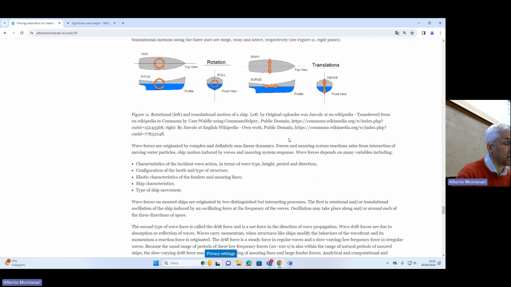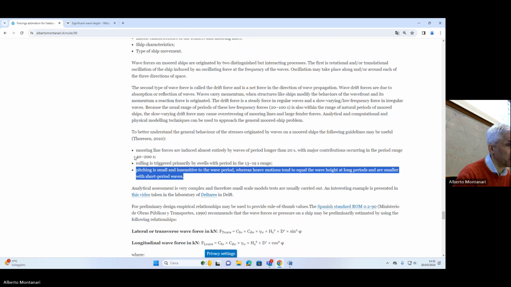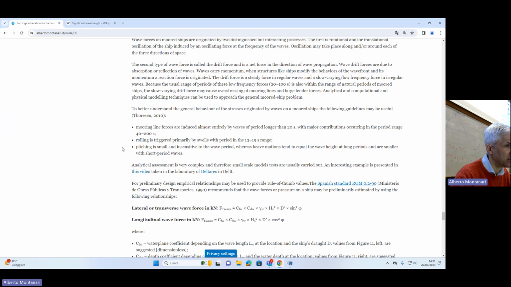And now, why these differences in period? Because there is one phenomenon that you should be concerned of.